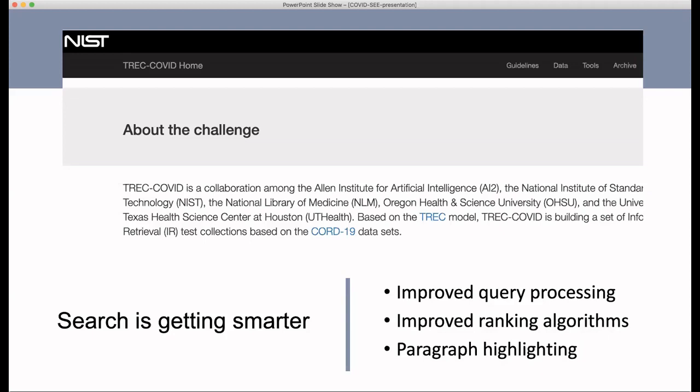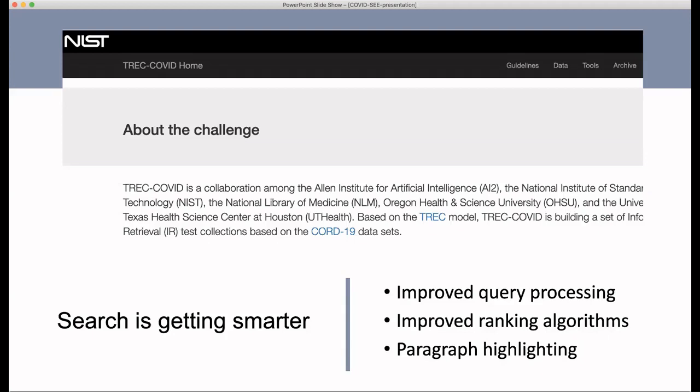And we can see through developments in the information retrieval community that search is getting a lot smarter. And so improved search is of course part of the answer to how to deal with all of the literature. We want to be able to type a query into a search box and get back a list of relevant articles. And we can see by looking at TREC over the decades that the algorithms are becoming much more sophisticated.